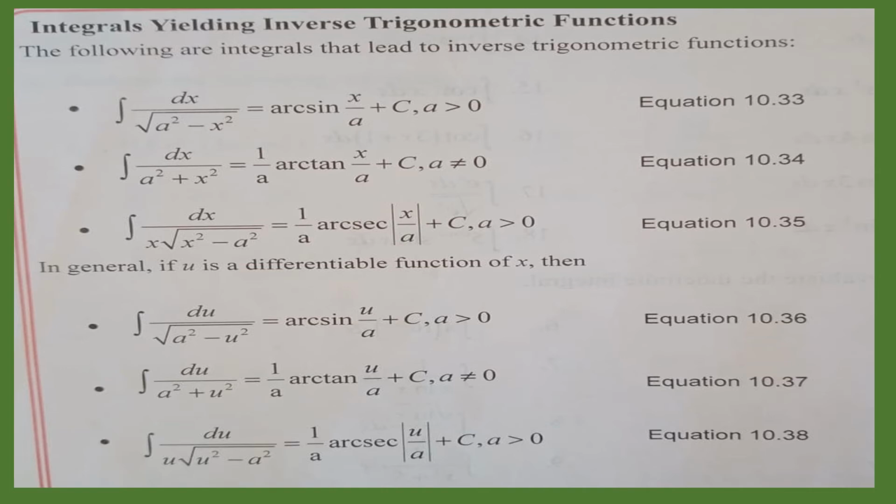Next to that, we have integral of du over a squared plus u squared is equal to 1 over a arctan of u over a plus c, where a is not equal to 0. The last one, we have integral of du over u times square root of u squared minus a squared is equivalent to 1 over a arc secant of u over a plus c, where a is greater than 0.